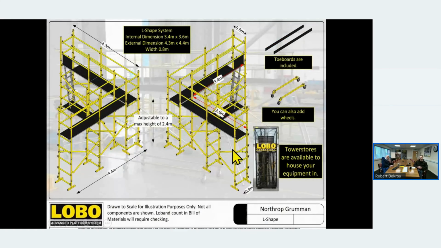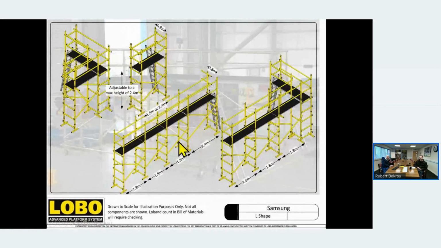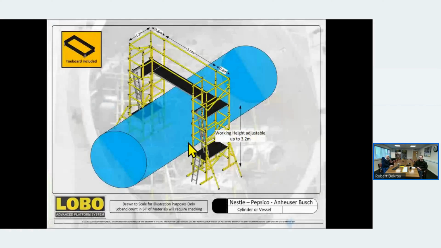Now, these two L shapes. LOBO prides itself on being able to build custom solutions from standard, in-stock, off-the-shelf LOBO components. So these two L shapes can, after use, be packed away or rebuilt in any of these configurations. This is a bridge.